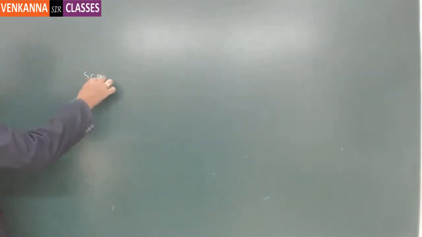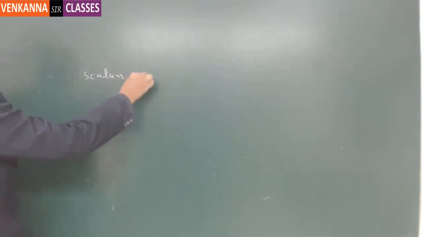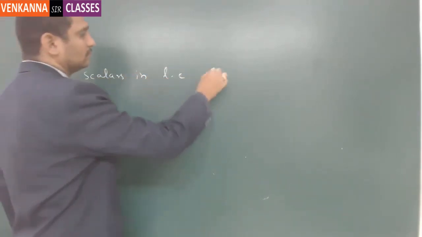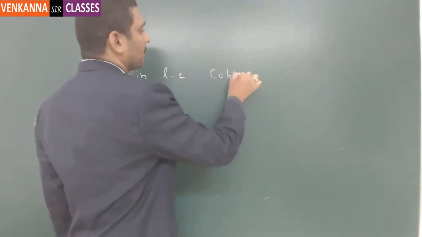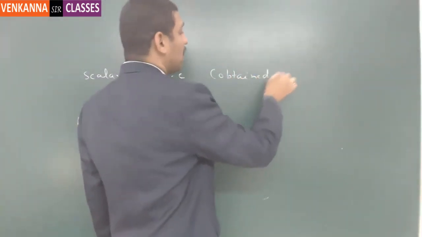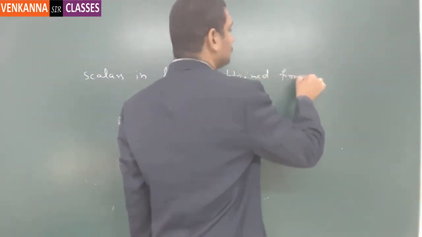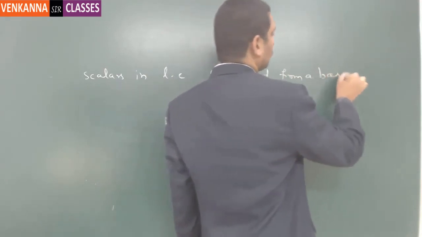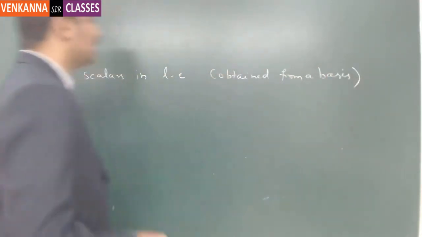whenever we find a linear combination by means of a basis, then the scalars in that are called coordinates.